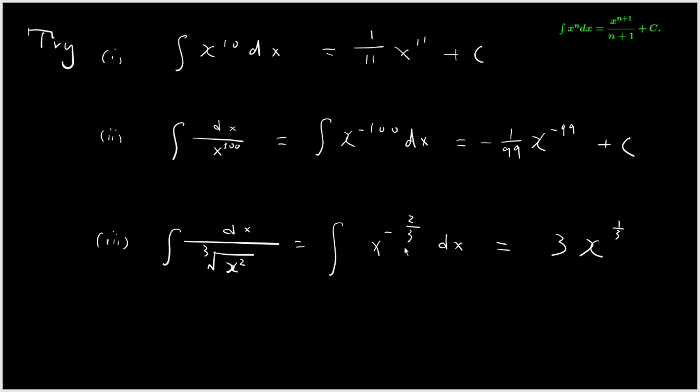This is a particular case where the n value is negative 2 over 3. In the antiderivative, x to the power of n plus 1, negative 2 over 3 plus 1, you have 1/3. And if the exponent is 1/3, the number before that is you invert 1 and 3, you have 3. I'm trying to say the reciprocal of 1/3 is 3.